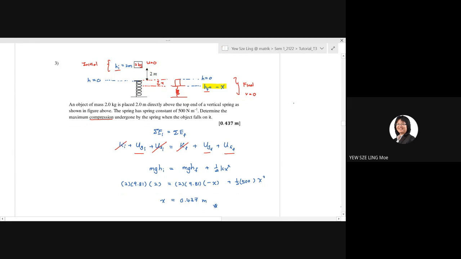If you choose the ground as H equals 0, the whole step will be slightly more complicated and you will have more unknowns in your calculation. So one technique in solving vertical questions is to determine where your H equals 0. The best solution in this question is taking the horizontal plane above the spring as H equals 0. Then from there, we solve it.